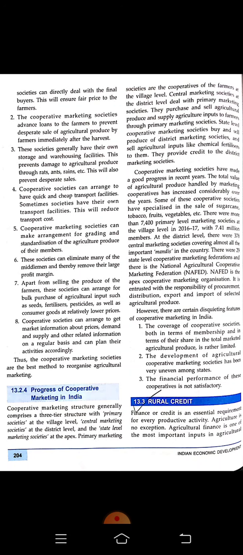Loans taken for these purposes can be repaid out of increased income, and hence are economically justified. Next, the other type, that is the unproductive credit. Farmers also require credit to finance various expenditures not related to production activities.